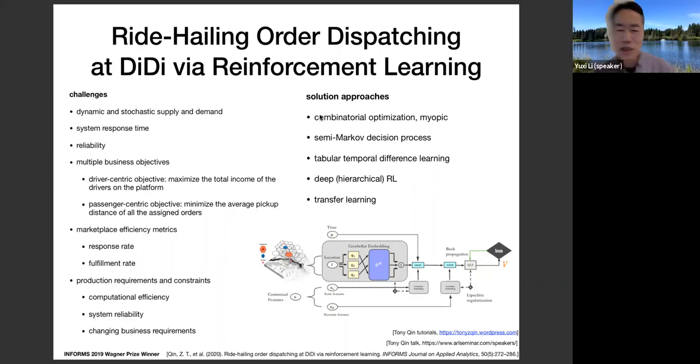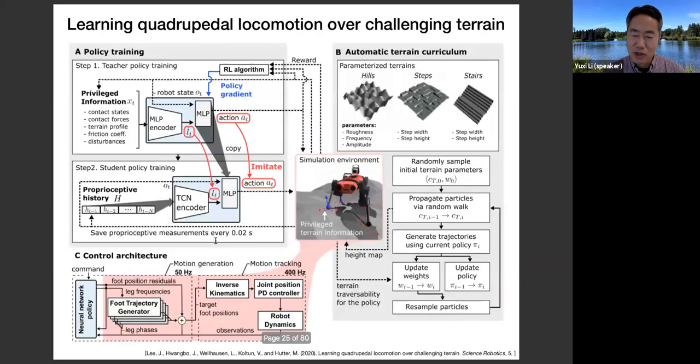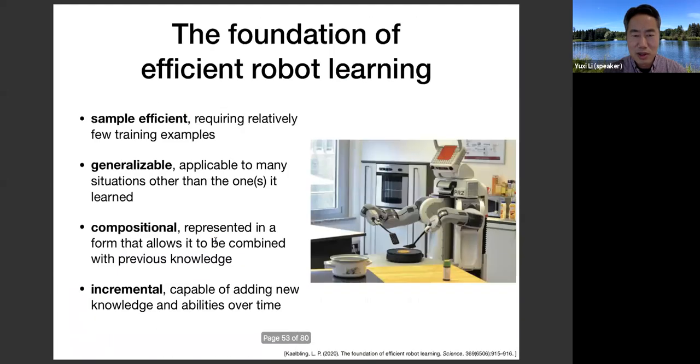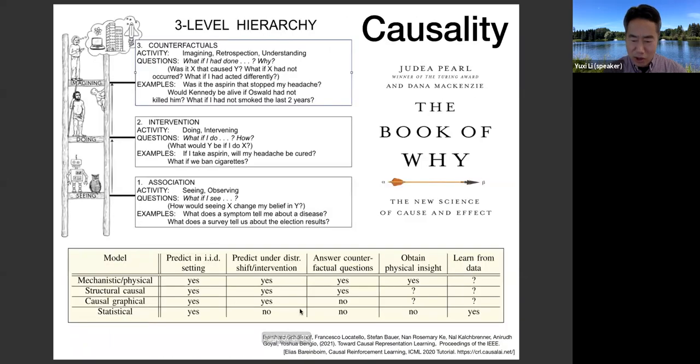Yeah, so basically, recently there's a tutorial about reinforcement learning and causality, causal reinforcement learning. So I put it here. You can see there's causal reinforcement learning at ICML 2020, a very recent one. So reinforcement learning and causality are related, although they are not the same.